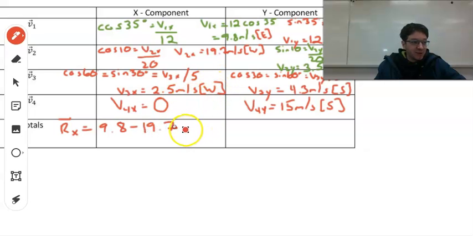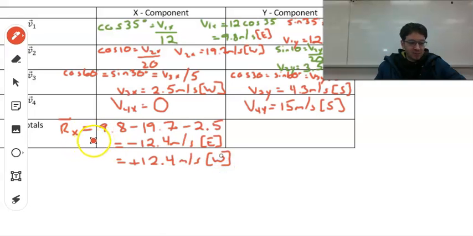This is west as well, so minus 2.5. And if we do that, we get minus 12.4 meters per second. Now everything is in terms of east, but what we can do is say minus east is the same as positive 12.4 meters per second west.